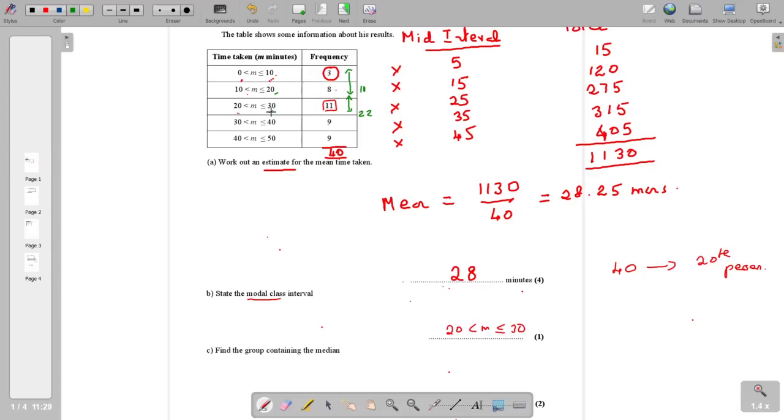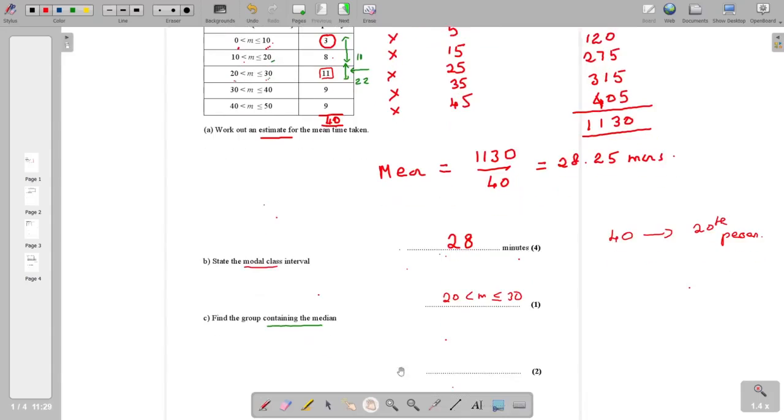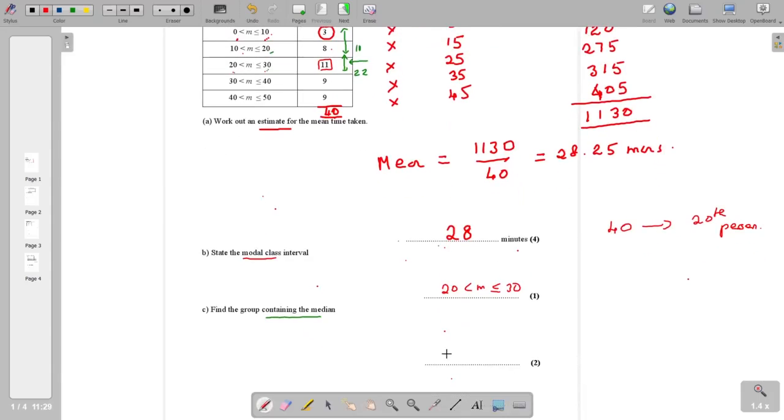Therefore, the 20th person must lie in this window. So the group containing the median would be the same as the mode, which is 20 less than or equal to 30.